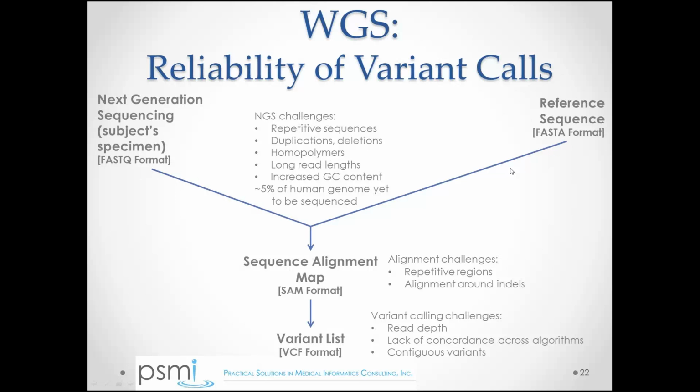But you have a number of challenges when you're trying to determine your particular list of variants. When you're performing next generation sequencing, you have repetitive sequences that are challenging, duplications and deletions. Homopolymers are tracks of identical nucleotides all in a row, and depending on the next generation sequencing technology, it can be confusing how many bases there are in a row.